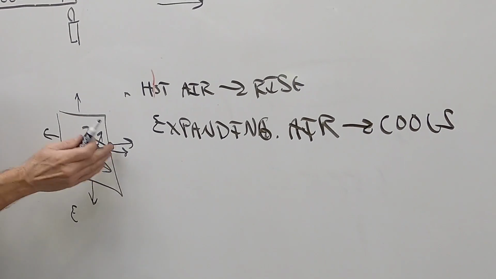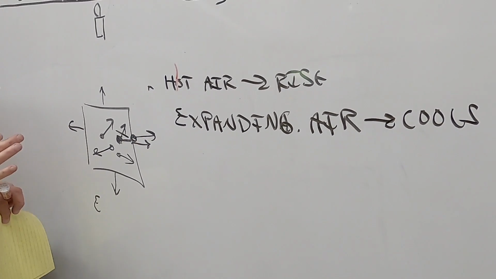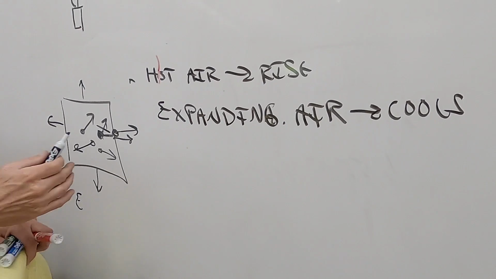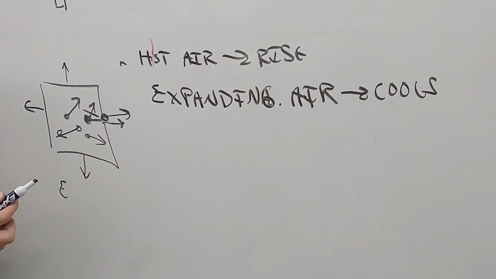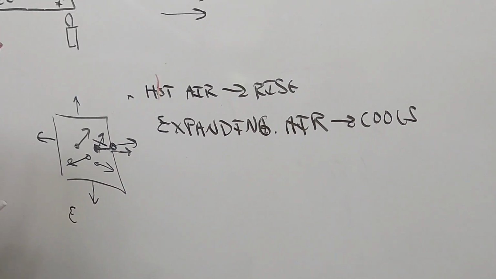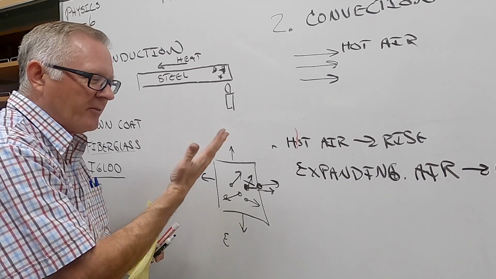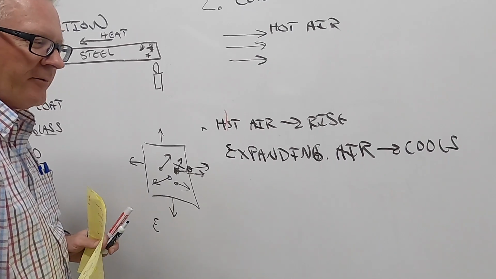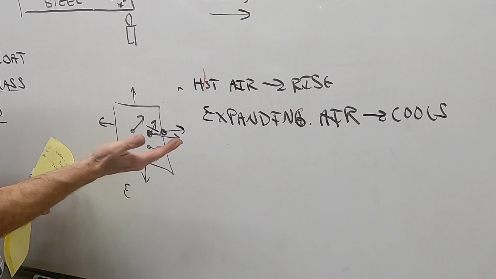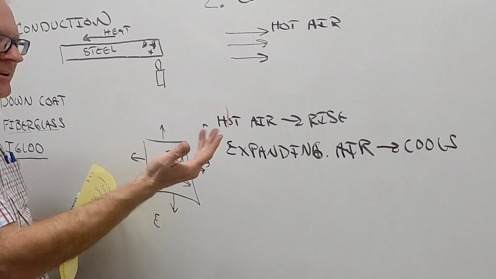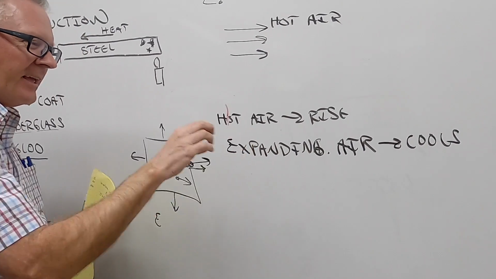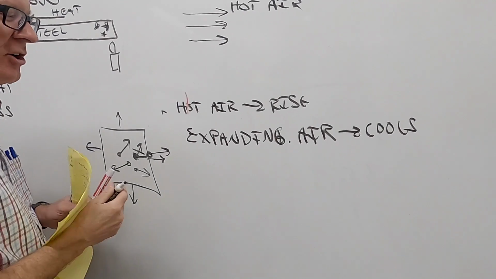Let the air out of your bike tire and feel the air coming out. It feels cold. It's not cold in there, it's only cold because it's expanding. Even if you just blow into your hand like that, the air feels cool. If I don't allow it to expand, it doesn't feel cold. So anytime air expands, it's going to cool.